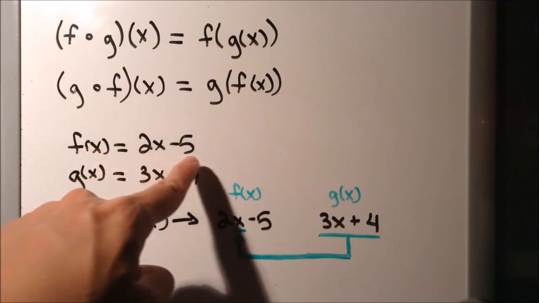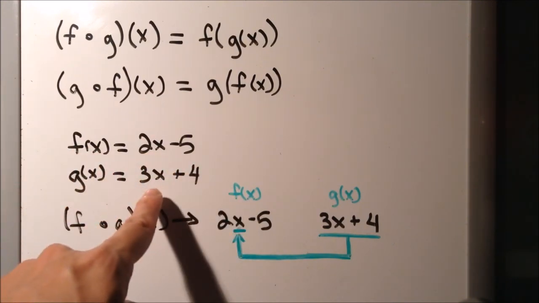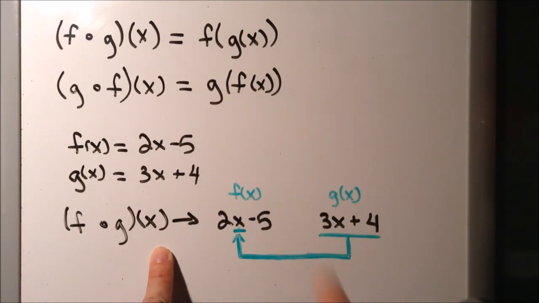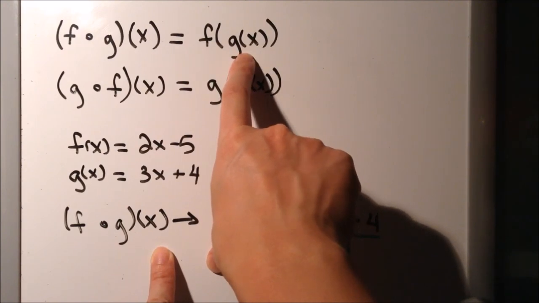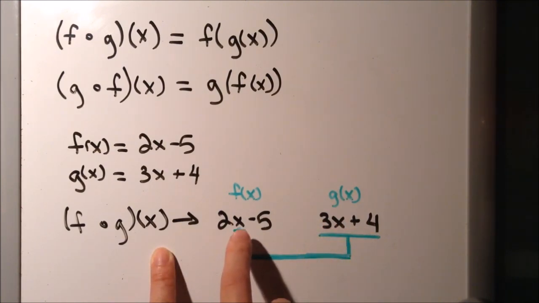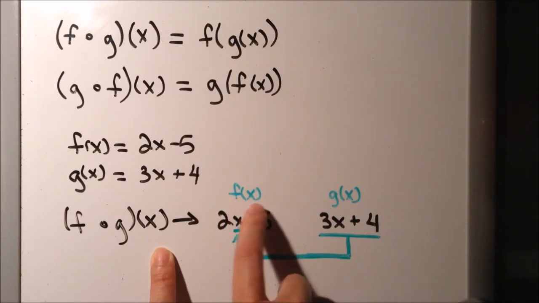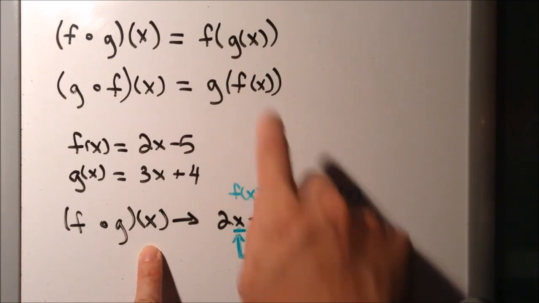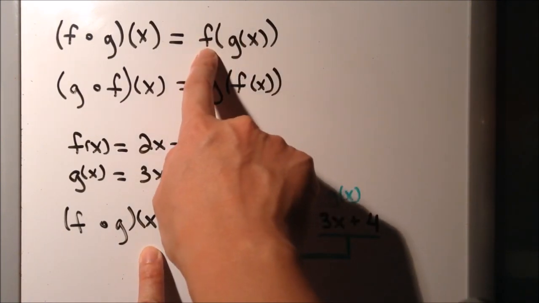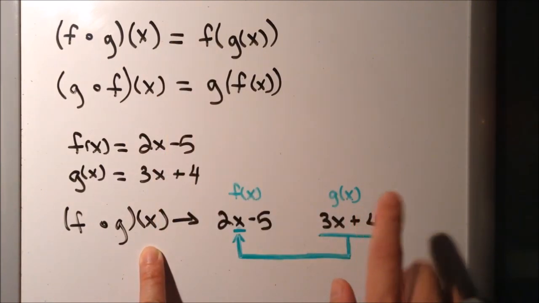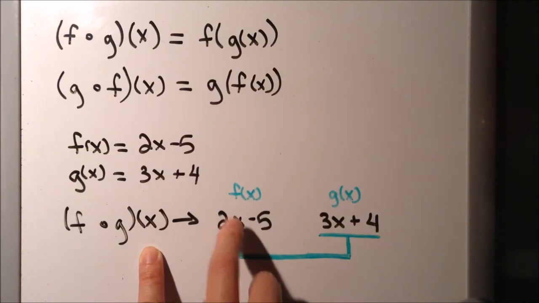f of x equals 2x minus 5. g of x equals 3x plus 4. So when you have f of g of x, it means that you're going to plug g of x into f of x. Here, g of x is 3x plus 4, and you plug it into the x of f of x.